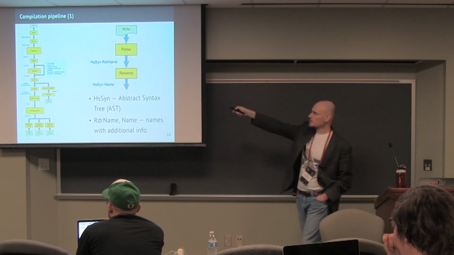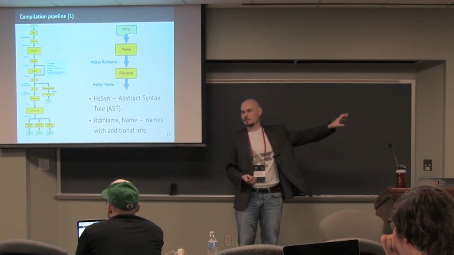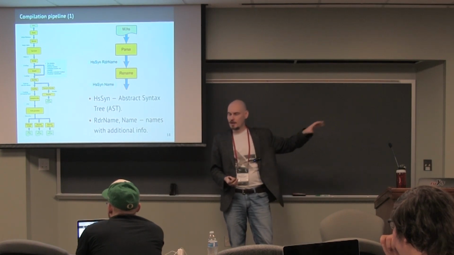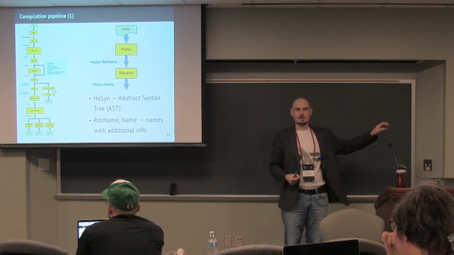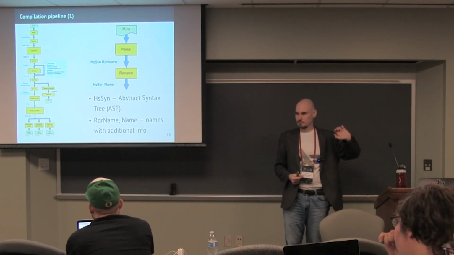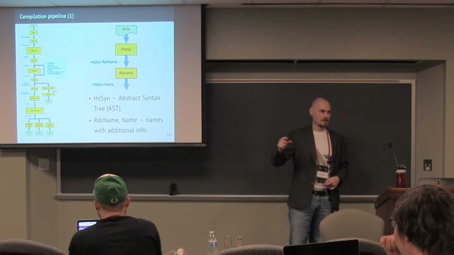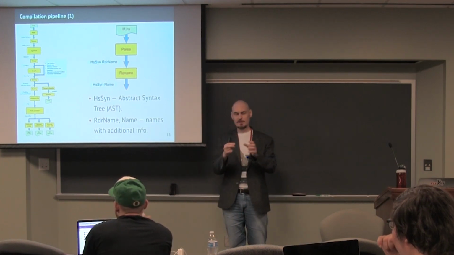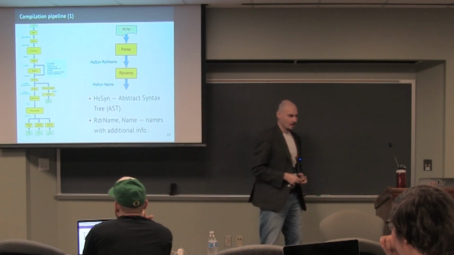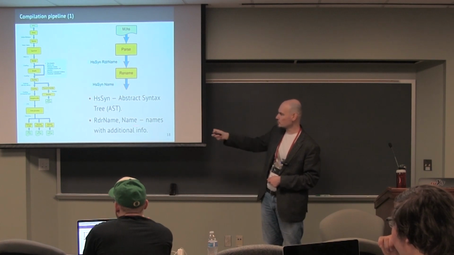A RdrName is something that was read from the file. For example, you have print there. Well, the name is print. But then you have to convert this print into something like System.IO.print with full qualification, so it comes from this module, and the renamer adds this information. It's again the same syntax tree, but the renamer converts RdrName to Name.